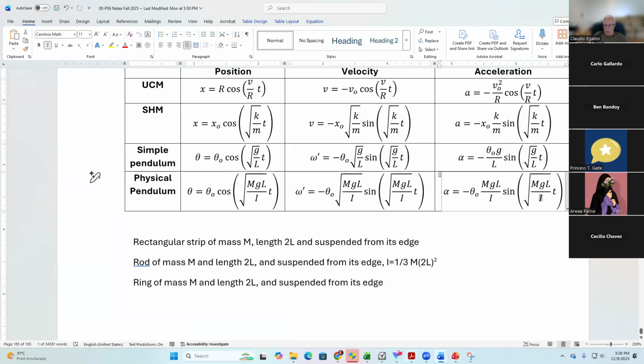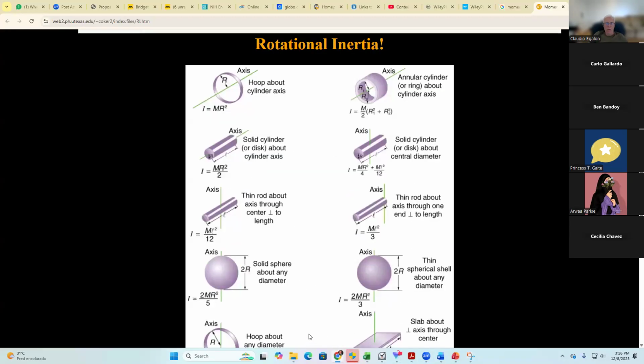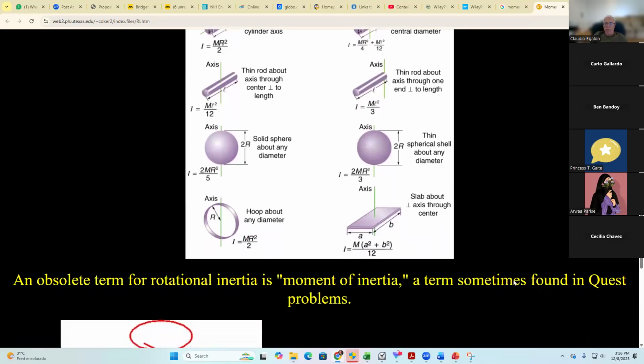Now, what about the other one? A rectangular strip. My axis, which isn't shown here, is the axis that passes through the edge, right here. My rectangular strip has length 2L and width b. It's going to be m(a squared plus b squared).